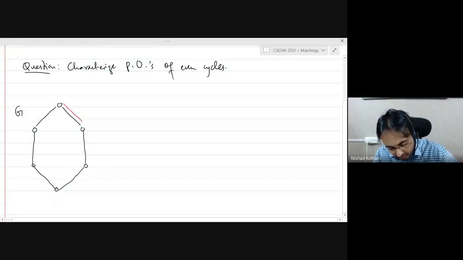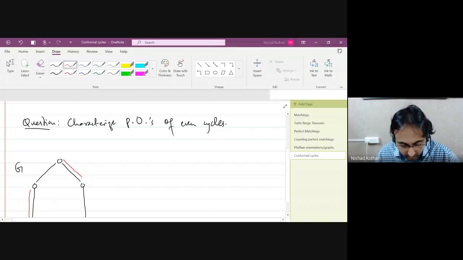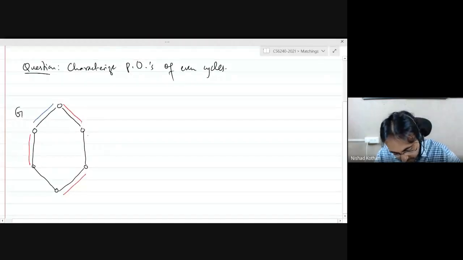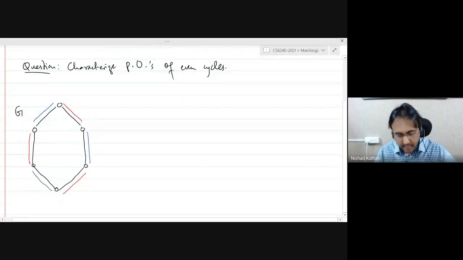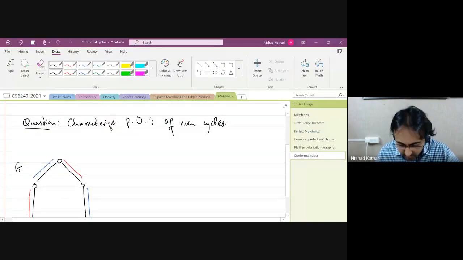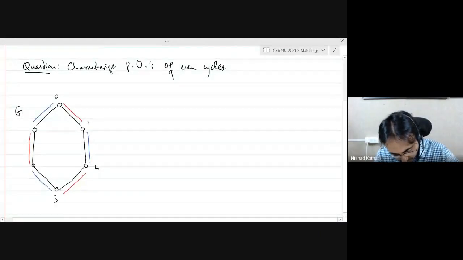Right. So we have got one perfect matching, the red one, and we have got the blue one. And let's give numbers to the vertices. Let's just label them 0, 1, 2, 3, 4, 5.